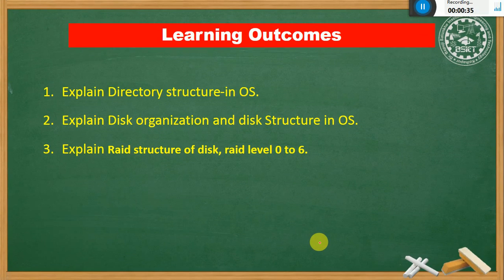After watching this video, a student can easily explain directory structure in the operating system. Second, a student can explain disk organization and disk structure in the operating system. And last, a student can easily explain the RAID structure of disk, RAID level 0 to 6.